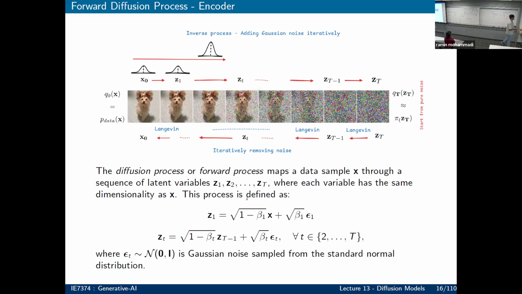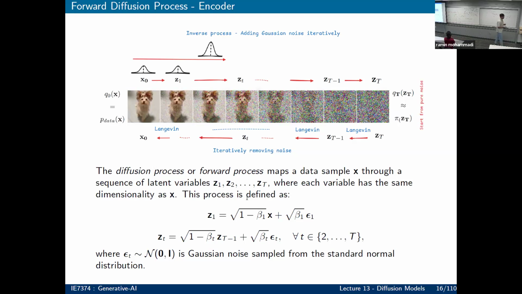The first term, square root of 1 minus beta times x, is deterministic, because x is fixed. The second part is stochastic, because epsilon is random noise picked from a Gaussian. The first part is deterministic.